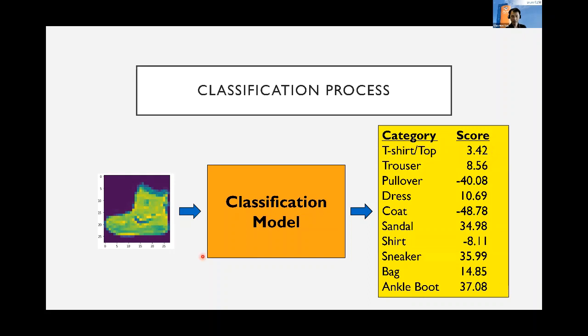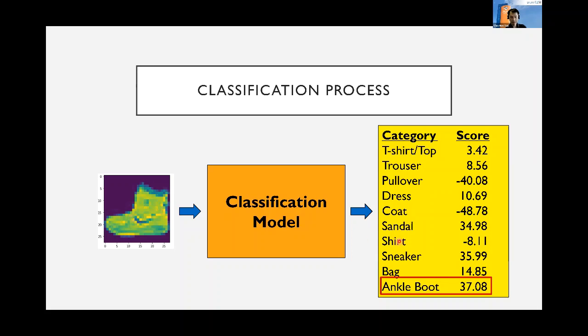After we feed this image to our classification model, the model will say that the score for a t-shirt for this image is going to be 3.42, and the score for trousers is going to be 8.56, and so on, all the way to ankle boot, which has a score of 37.08 over there.